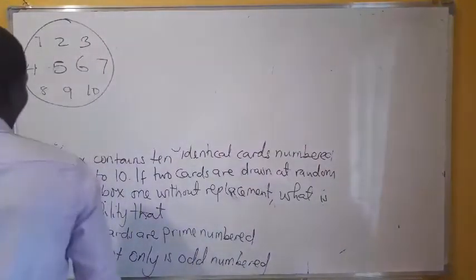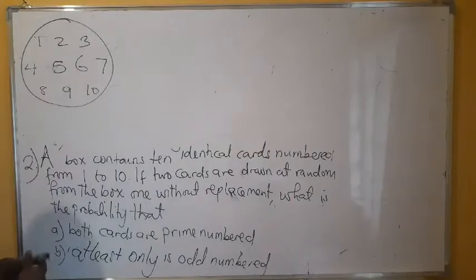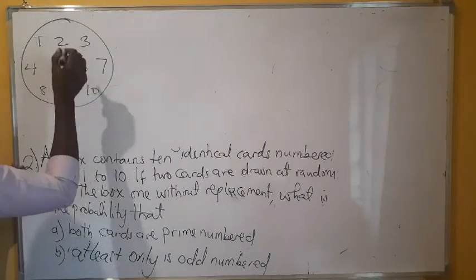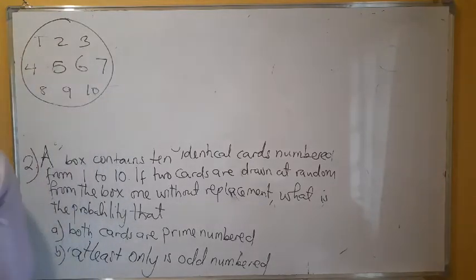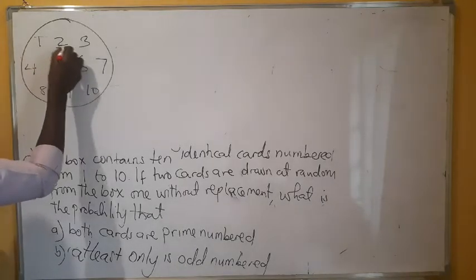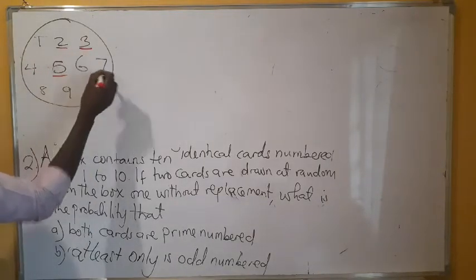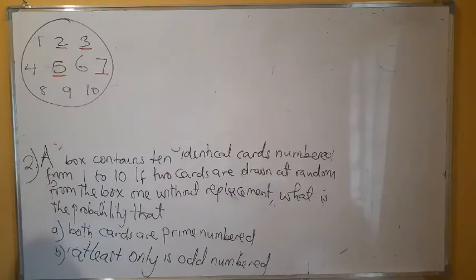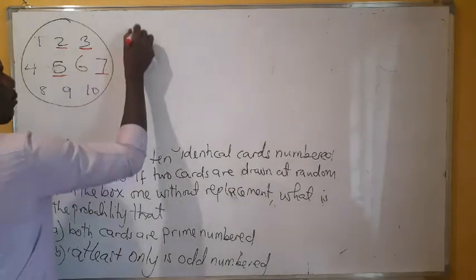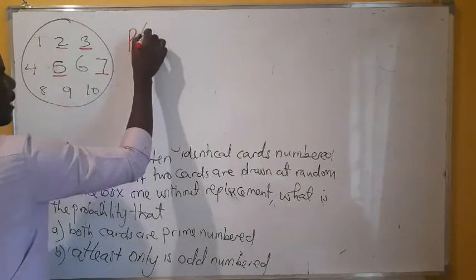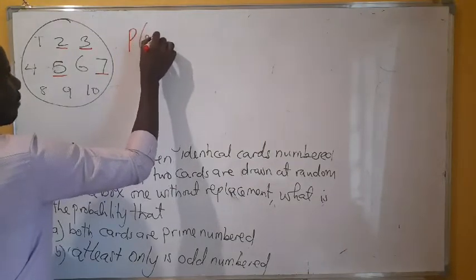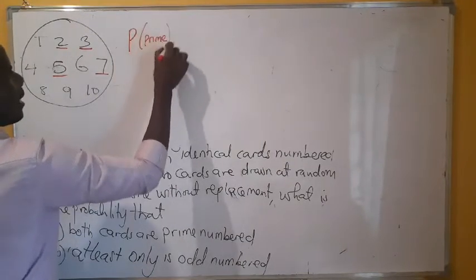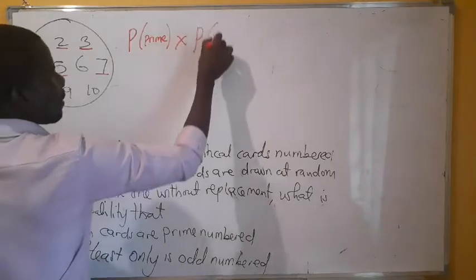First of all we need to look at how many prime numbers we have here. Prime numbers that we have here, there are 4. So the first one is a prime number, and even the second one is a prime number.